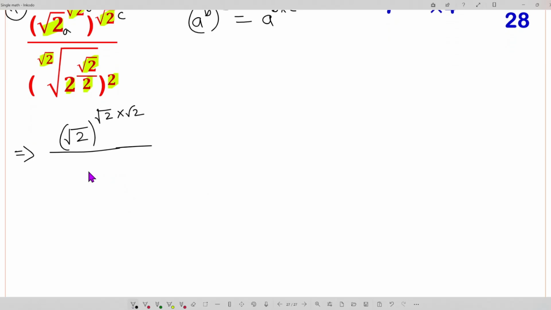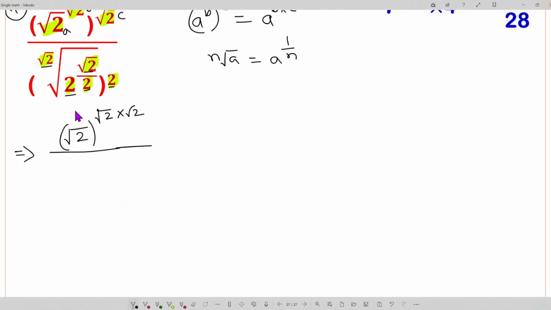Next, here is nth root, it means root 2 inside 2 to the power root 2 by 2 whole to the power 2. So this one, we know nth root of a equals to a to the power 1 by n.